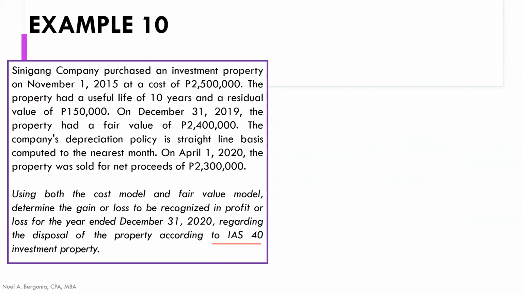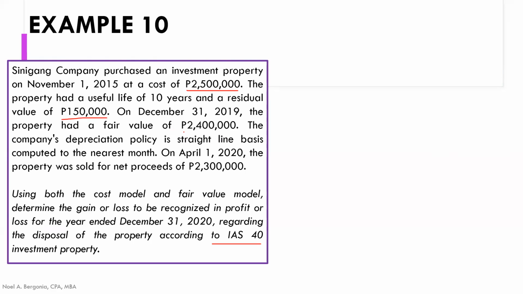Let's read. Sinigang Company purchased an investment property on November 1, 2015 at a cost of 2,500,000. So that's the initial recognition. The property had a useful life of 10 years and a residual value of 150,000. On December 31, 2019, the property had a fair value of 2,400,000.